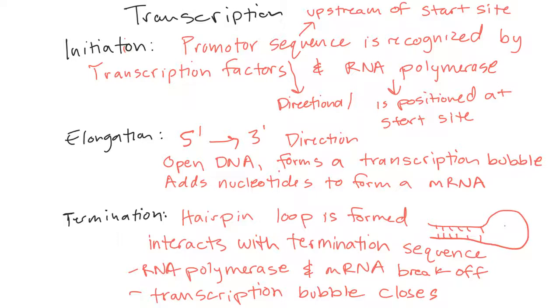And the transcription bubble closes. Okay, so at the end of this, you have a string of messenger RNA, single-stranded, and then the RNA polymerase can go back and start another round of transcription.